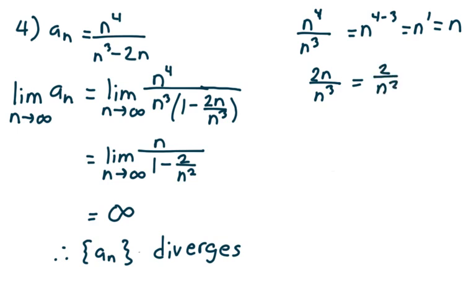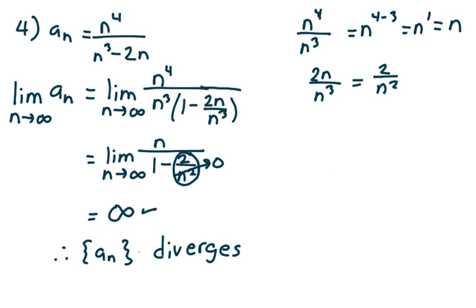So on the next line, we can write the limit as n goes to infinity of n over 1 minus 2 over n squared. But as n gets large, 2 over n squared goes to 0. So what you're essentially getting is infinity over 1, which is equal to infinity.